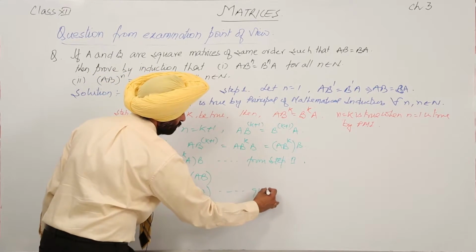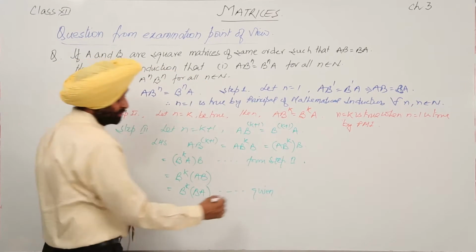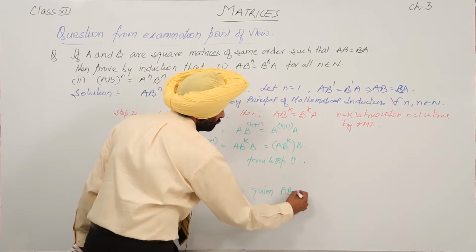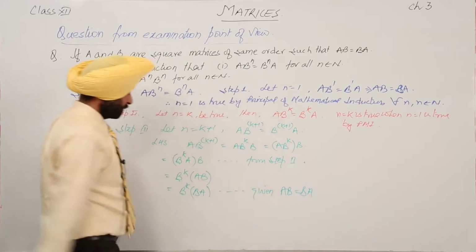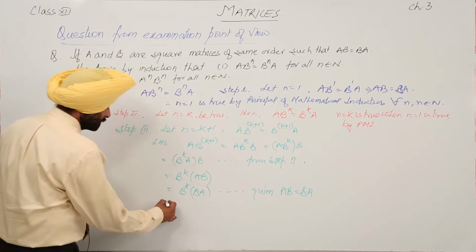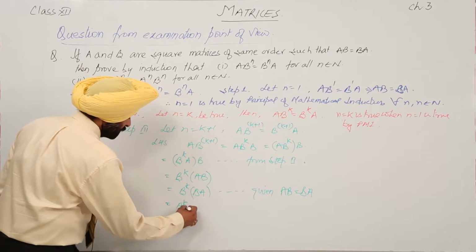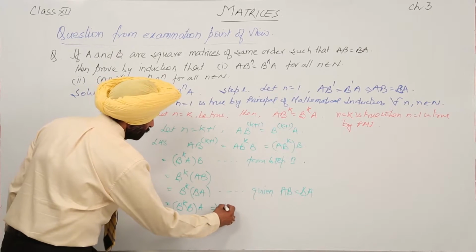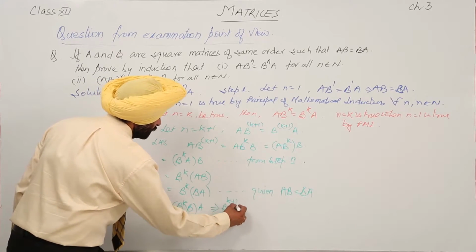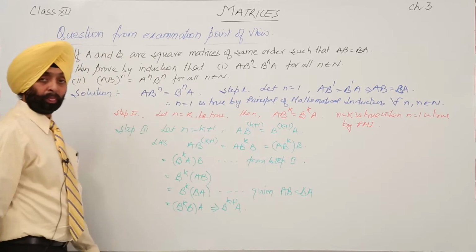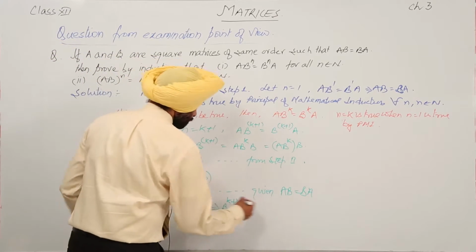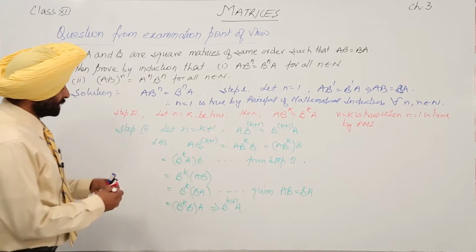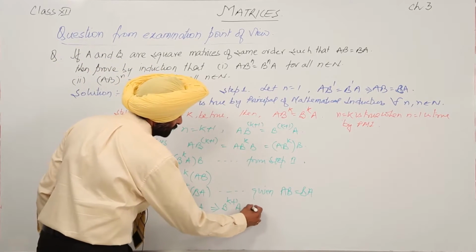and further B raised to power k AB becomes BA. Now given AB is equal to BA. Now what this becomes? B raised to power k B with A, and finally it becomes B raised to power k plus 1 with A. Now we have proved left hand side, and what is this? This is right hand side.